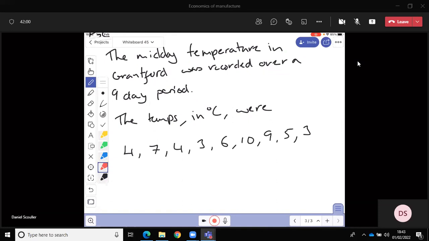So the temps at midday in some place called Brantford, recorded over a 9-day period. And those temperatures were 4 degrees, 7 degrees, 4 degrees, 3 degrees, and so on. The question: find the median and semi-interquartile range.